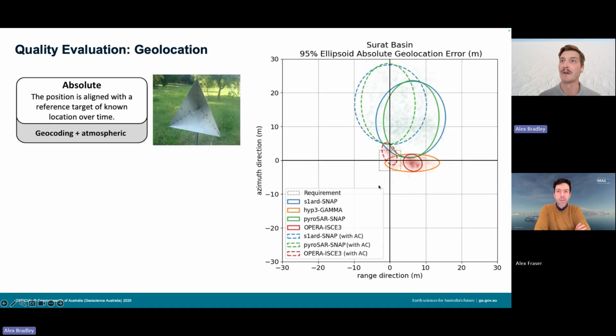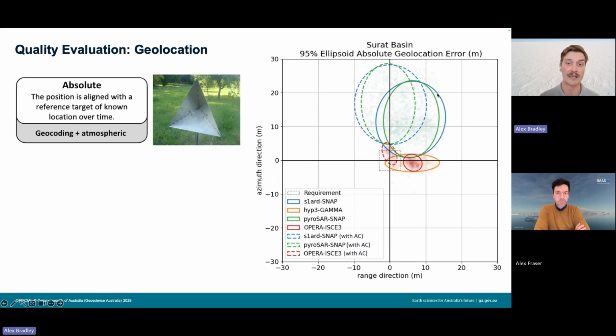So if we do that for all of our software, we get something like this, which essentially shows the error. Closer to the center means we're really good at putting things on the ground, and further away means we're getting some variability and potentially some shakiness in our geolocation. So we have ICE3 in red, we have the Gamma-based software in orange, and we have two different SNAP-based workflows in green and blue.